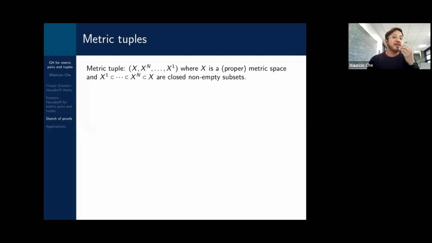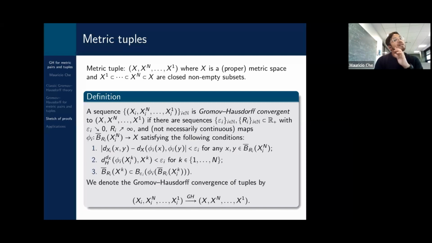Okay. Now, regarding metric tuples that I mentioned, that are in the title, really it is just the same story. But now, instead of having a metric space and considering a distinguished subset, we now consider chains of subsets. And that's what we call a tuple. And then again, we can define convergence in this setting in the natural way. We can extend the definitions in the natural way.